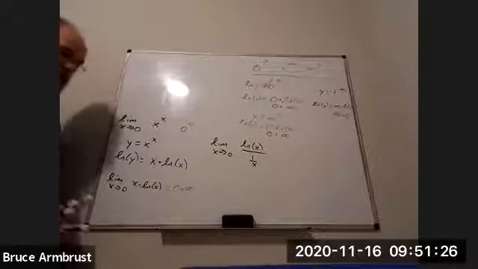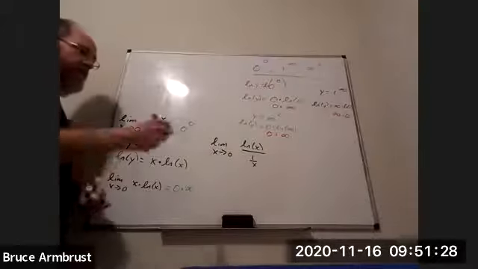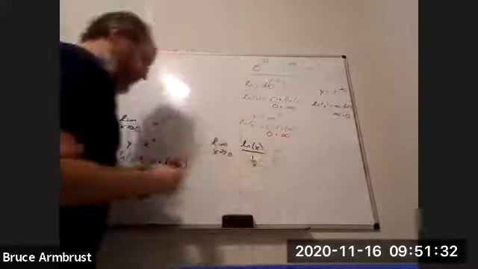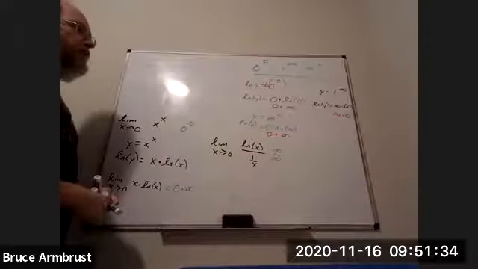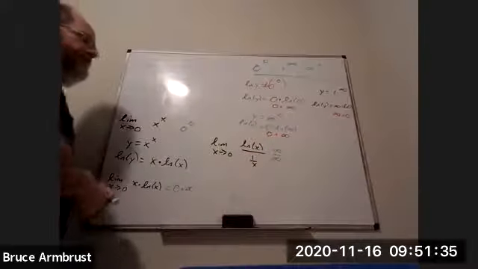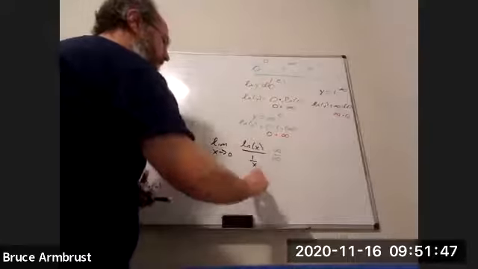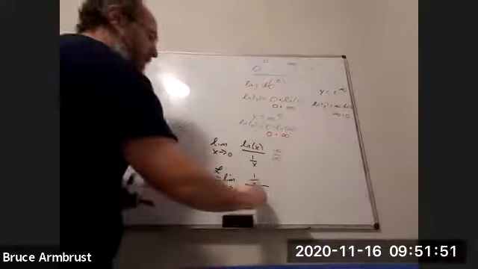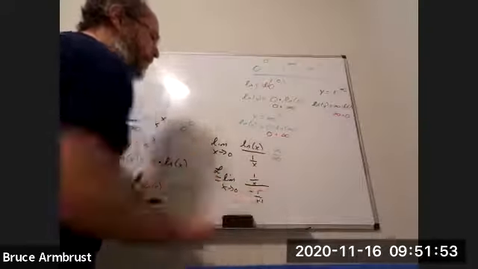All right, now if you look at this, this is going to give us infinity over infinity, which means we're ready for L'Hopital's rule. All right, so let's do L'Hopital's rule. So I need derivatives. The derivative of natural log is 1 over x. The derivative of 1 over x is minus 1 over x squared.